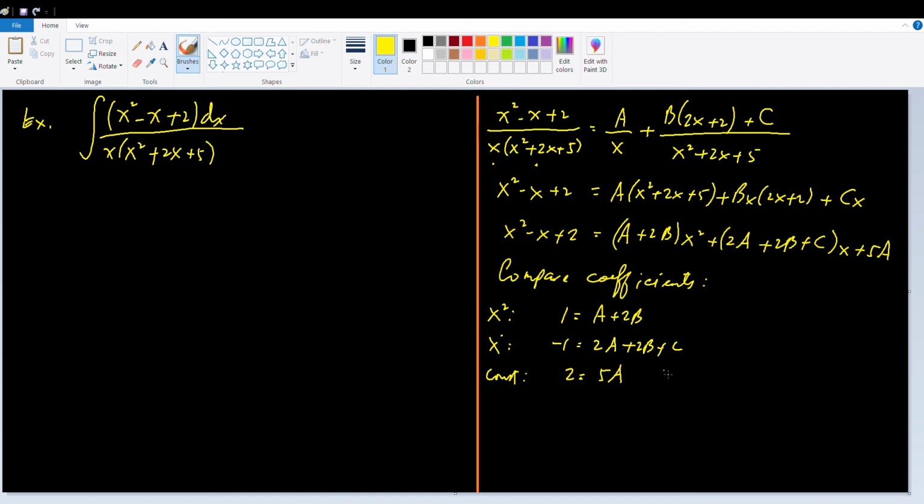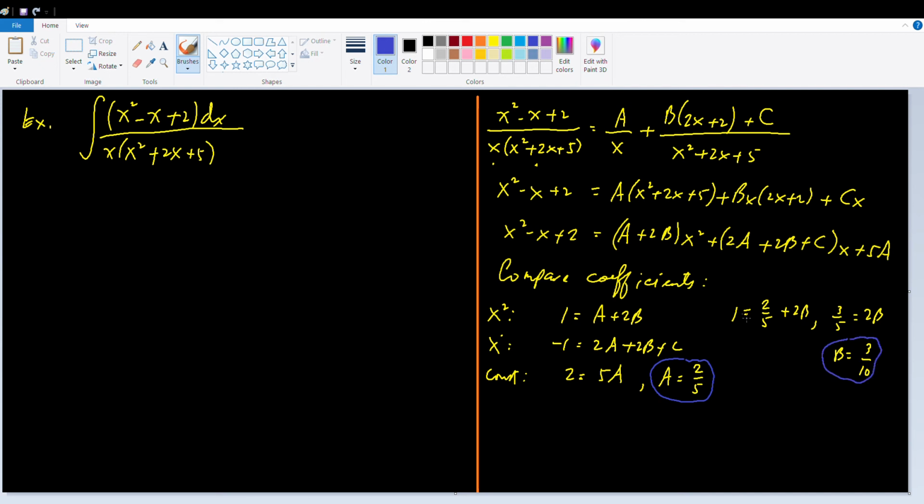So from the third equation, it will lead us to the value of a equal to 2 pi. And if a is 2 pi, we can calculate for b. So 1 equal to 2 pi plus 2b. That will be 1 minus 2 pi is 3 pi equal to 2b. So our b is 3 over 10.